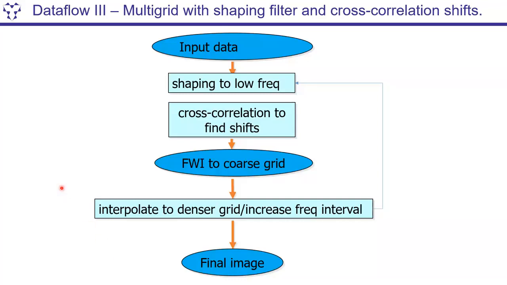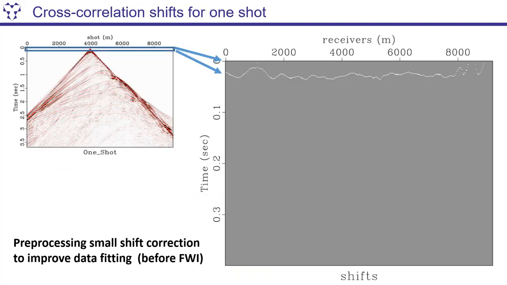Now, in practice, I found that even the shaping filter is often not enough. So often we have to apply a vertical shift, and that can be obtained by using a simple cross-correlation between the predictions and the input data. This cross-correlation just performs minor shifts.